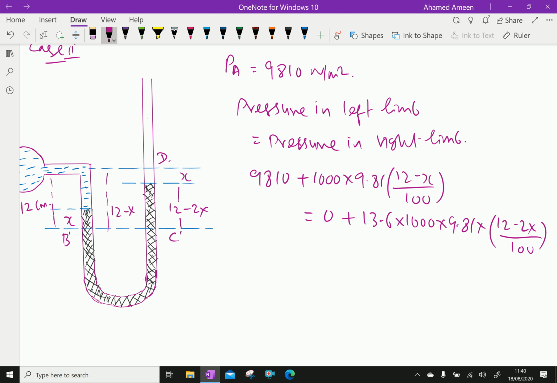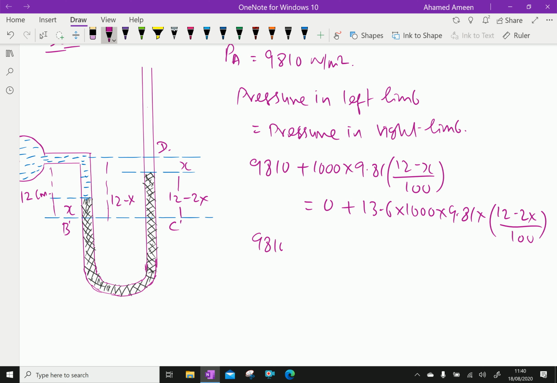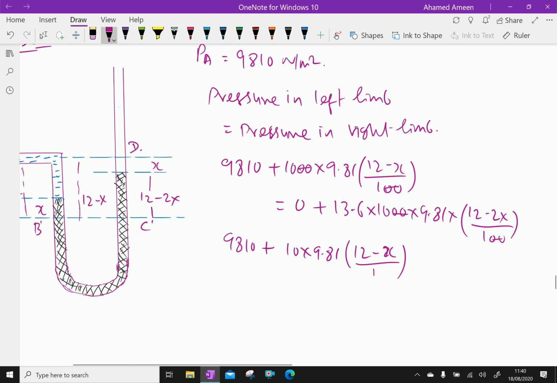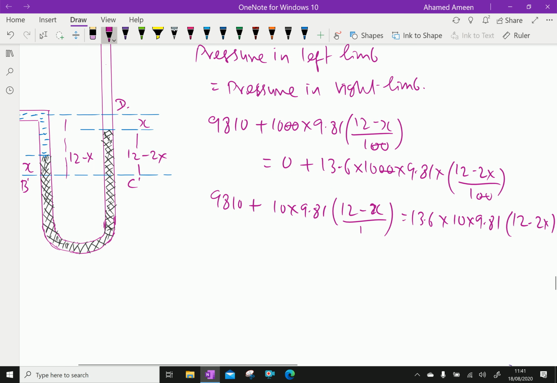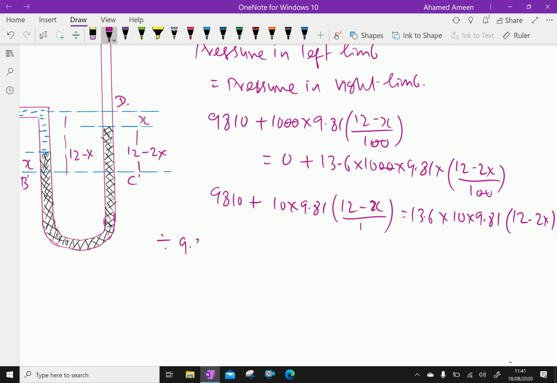First we write once more: 9810 plus, cut the zeros here. Now we can write 10 into 9.81 into (12 minus x) by 1. This side equals 13.6 into 10 into 9.81 into (12 minus 2x). Here divide throughout by 9.81.